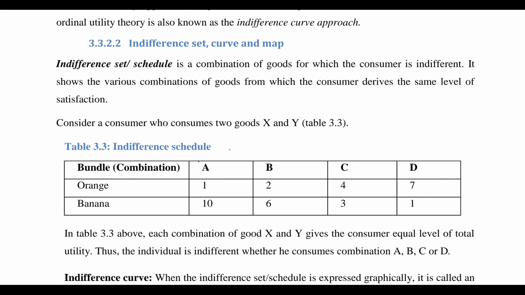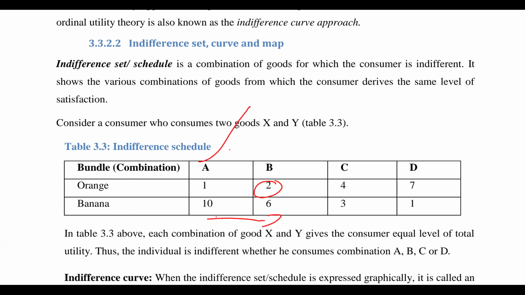The combination A would show that you could only have 1 orange if you consumed 10 bananas, right? At this point. When you want to increase the number of oranges, let's say to 2, then you see that the number of bananas that you're consuming will reduce to 6.